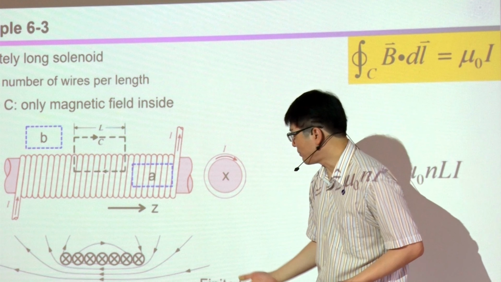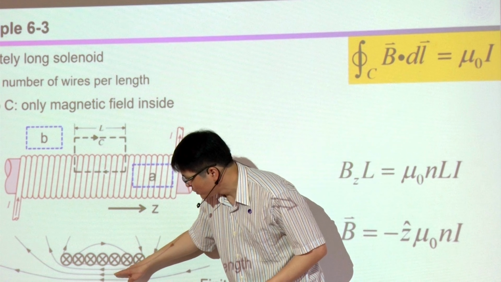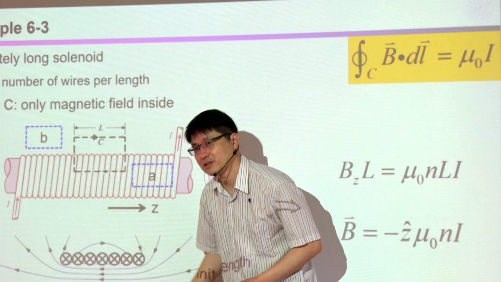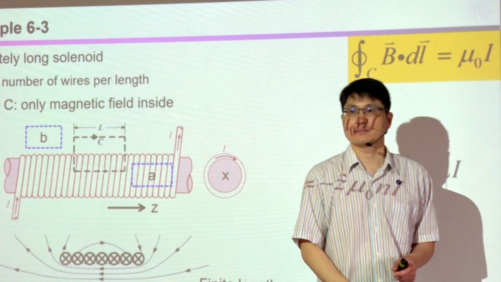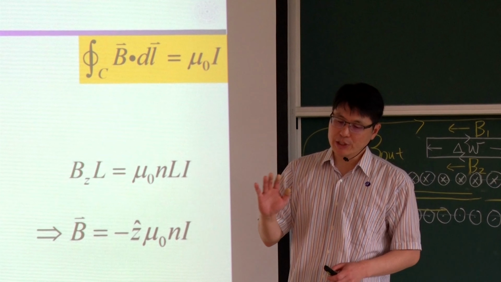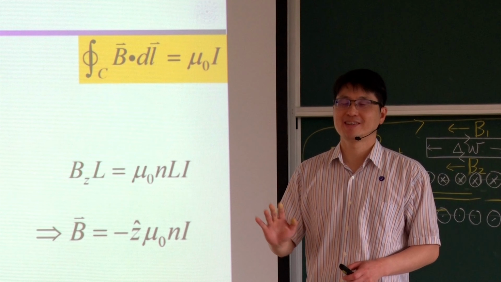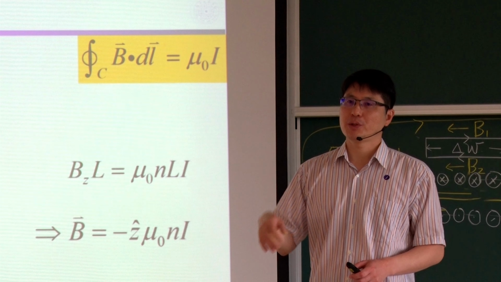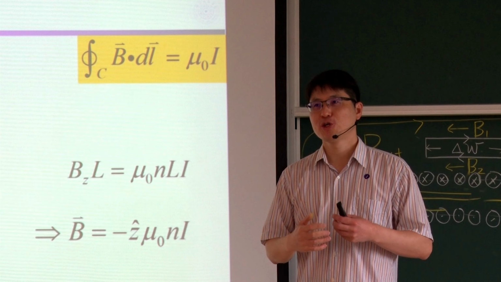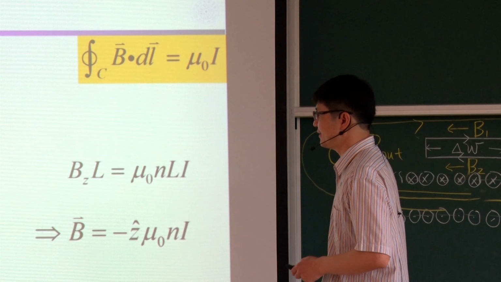All right? Actually, if you have a finite length, you form a closed loop inside, you know the B field at this point will be different from this point. Okay? So each problem, I welcome you to challenge the end result, but you have to come up with a proper explanation why you have your challenges. Right? Okay?